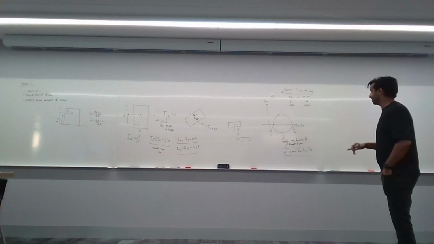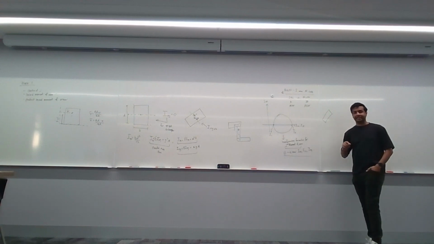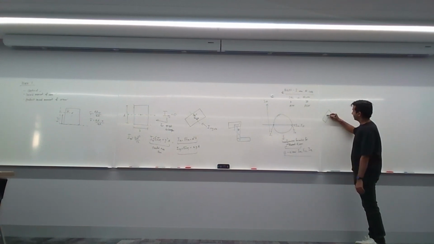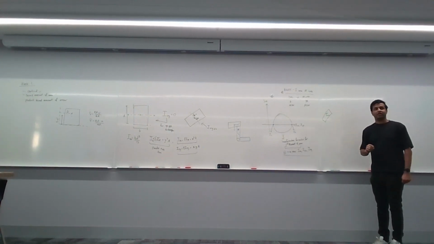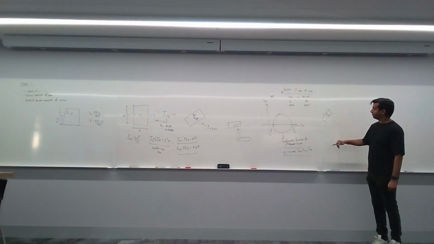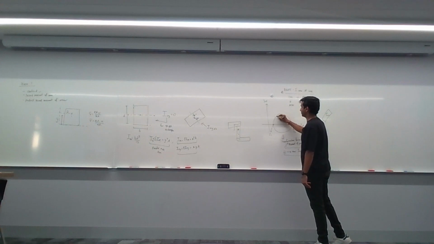Okay, so I'll draw out an example for you. Let's say we have this shape here in this direction, like this. That's the center of the shape. This is Y and this is X. Let's say this shape here in this orientation is occupying this point on the Mohr circle.